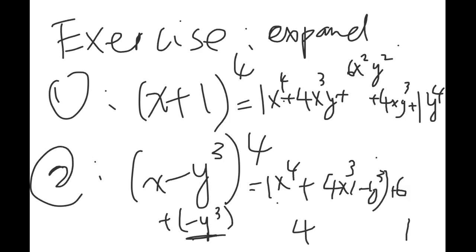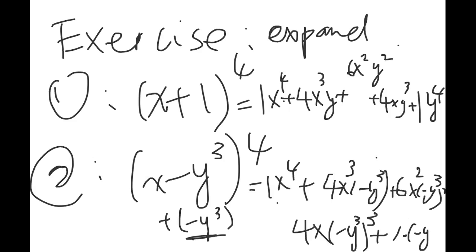And here you have x squared times minus y cubed to the second power. Here you have x times minus y cubed to the third power. Finally, you have no x power, so 1 times minus y cubed to the fourth power.